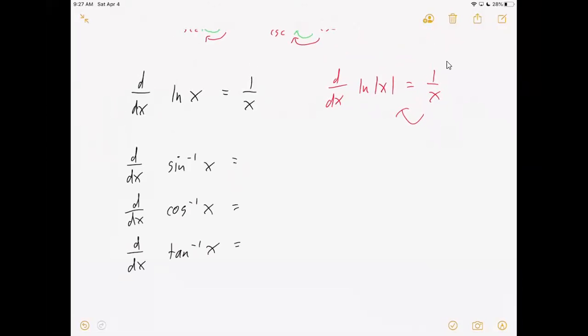I'm going to start at the bottom of that list. It's actually the simplest. The next easiest is the inverse sine. And the inverse cosine is very similar to the inverse sine.